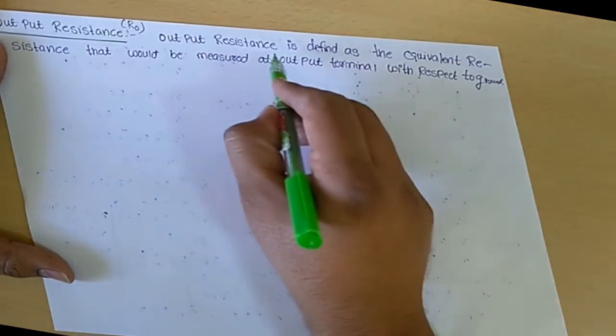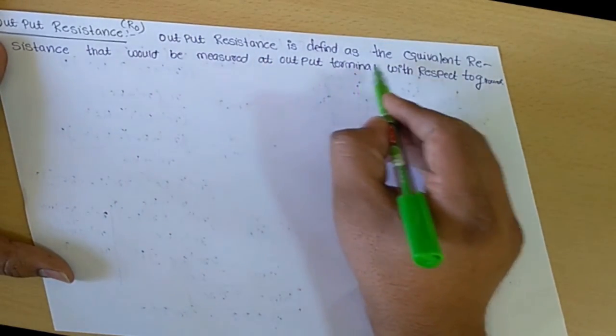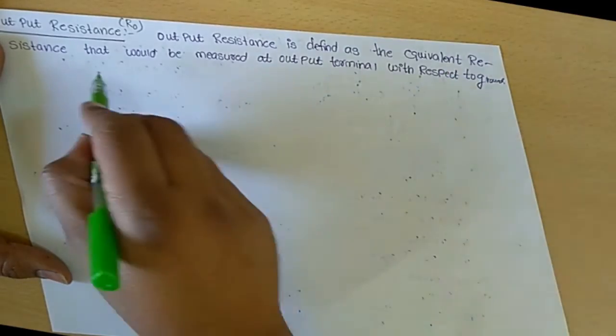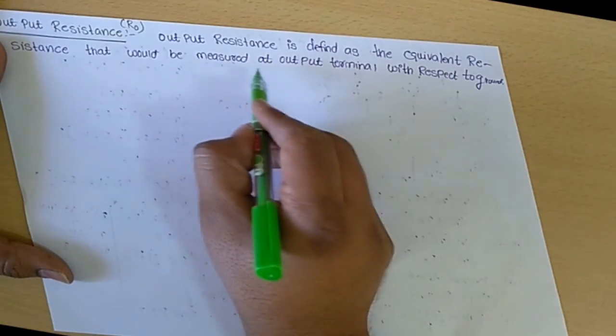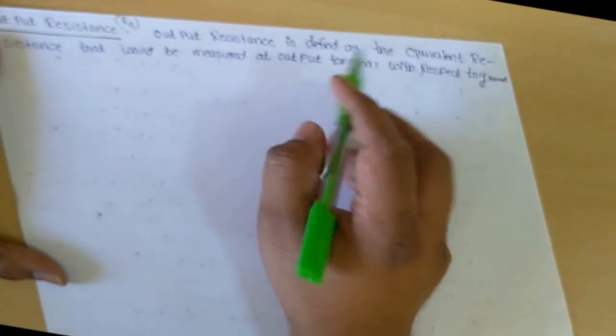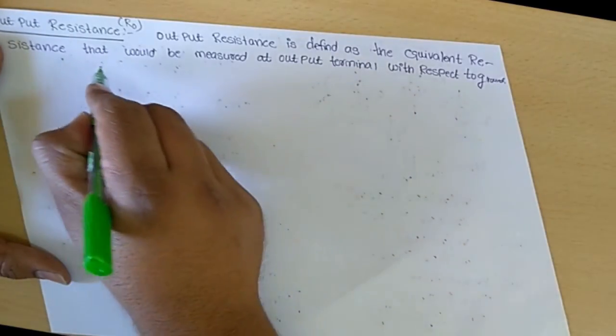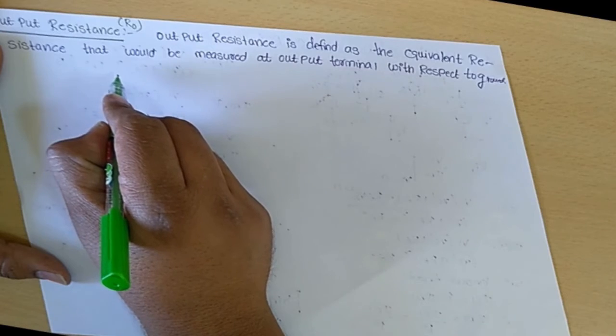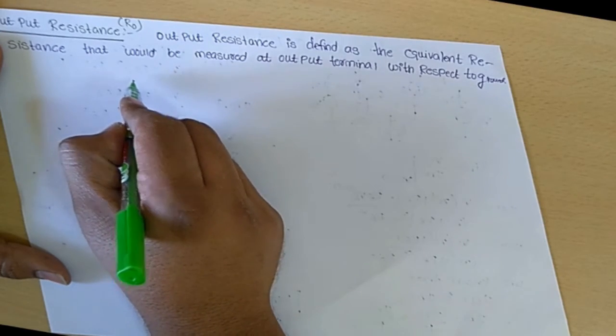Okay, output resistance is defined as the equivalent resistance that would be measured at the output terminal with respect to ground. It means that we redraw the equivalent circuit of this differential amplifier.